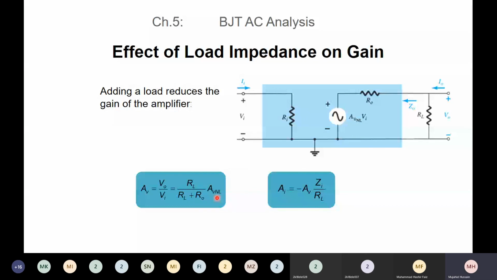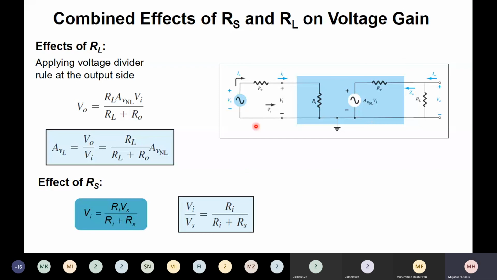Now we have both equations considering the effect of RS and RL. We have written over here the effect of RL that we studied in the previous slide: RL over RL plus R0 times the no load voltage gain will be the loaded voltage gain. And in the previous slide we also studied the effect of RS as Vi over Vs equal to Ri over Ri plus Rs.